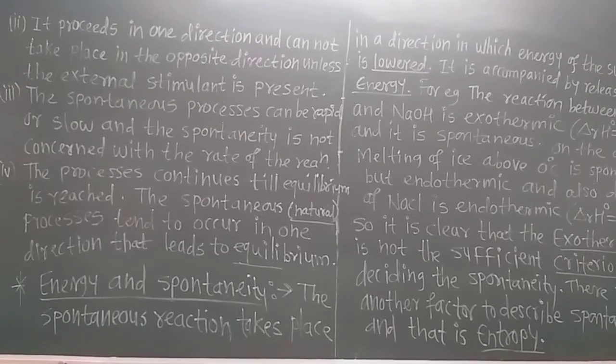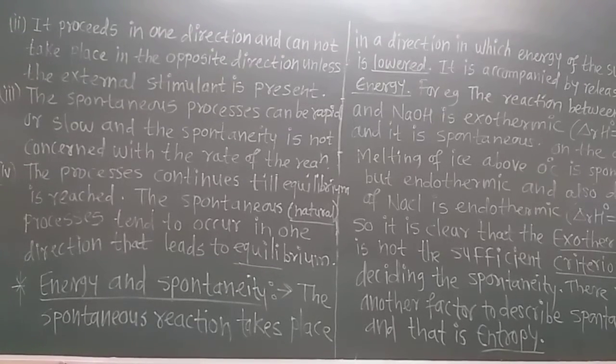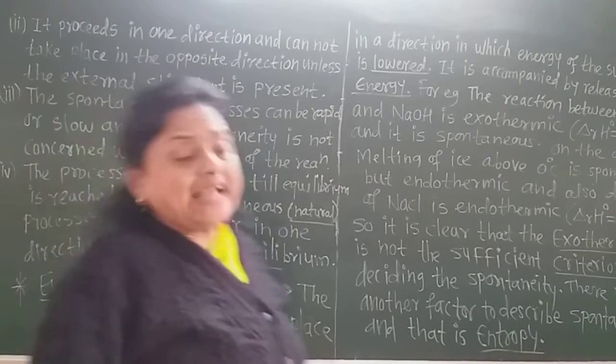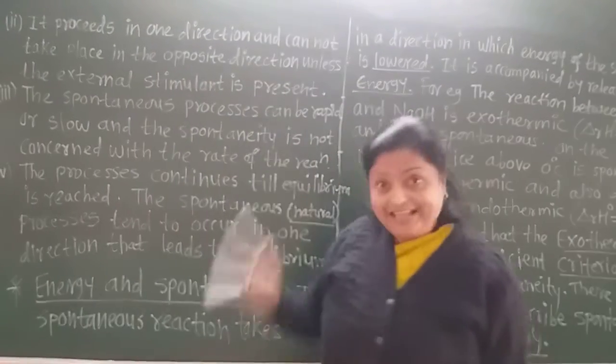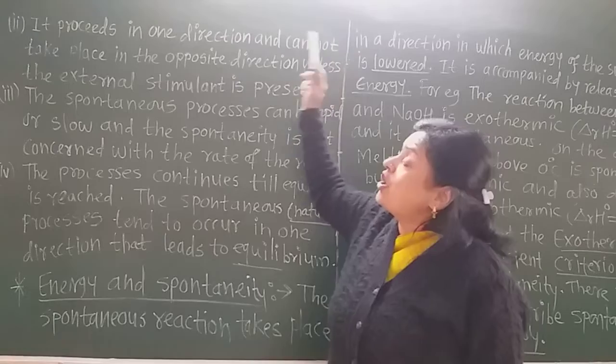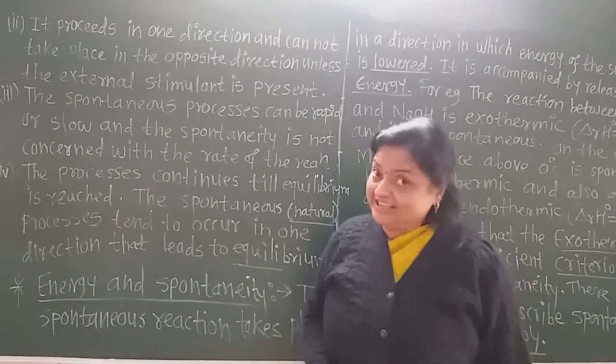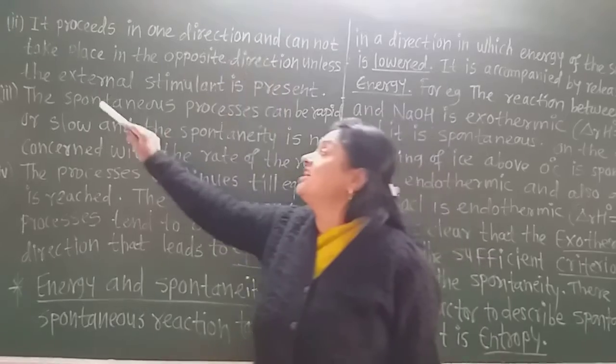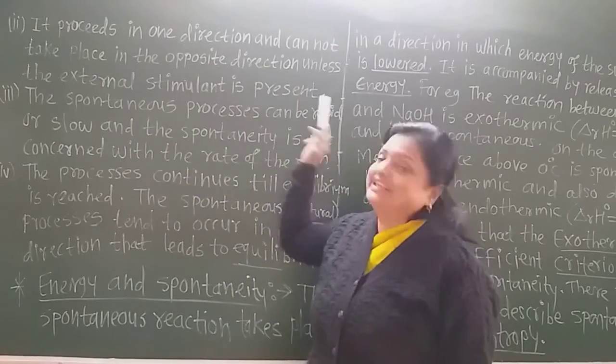Now see, students, the other important key point of this irreversible spontaneous process. Now what is that key point? See there, second key point. This spontaneous process proceeds, meaning carries on, in only one direction and cannot take place in the opposite direction unless an external stimulant is present.